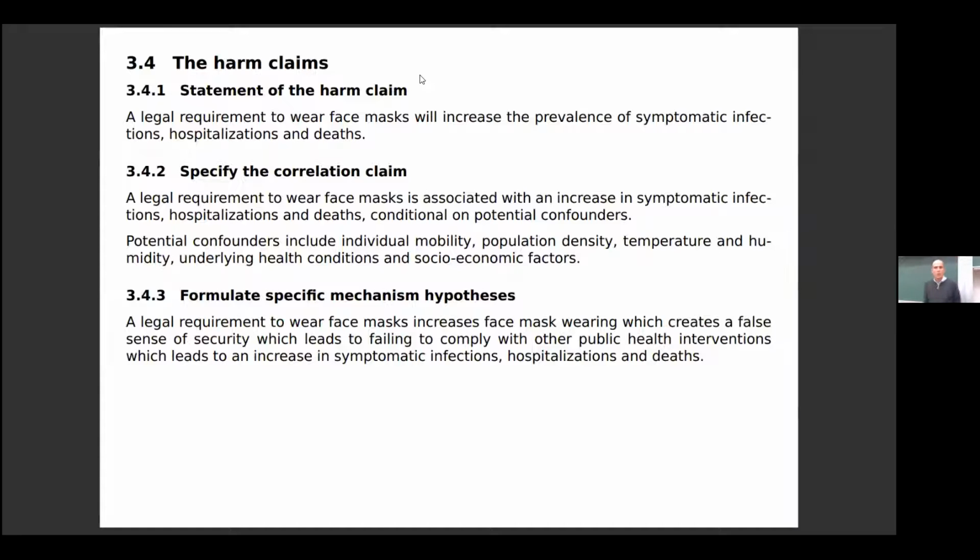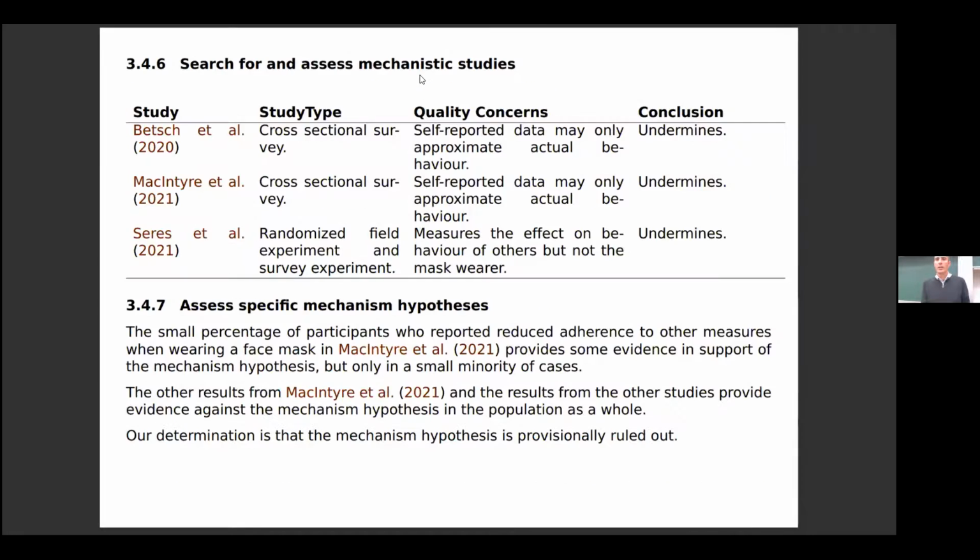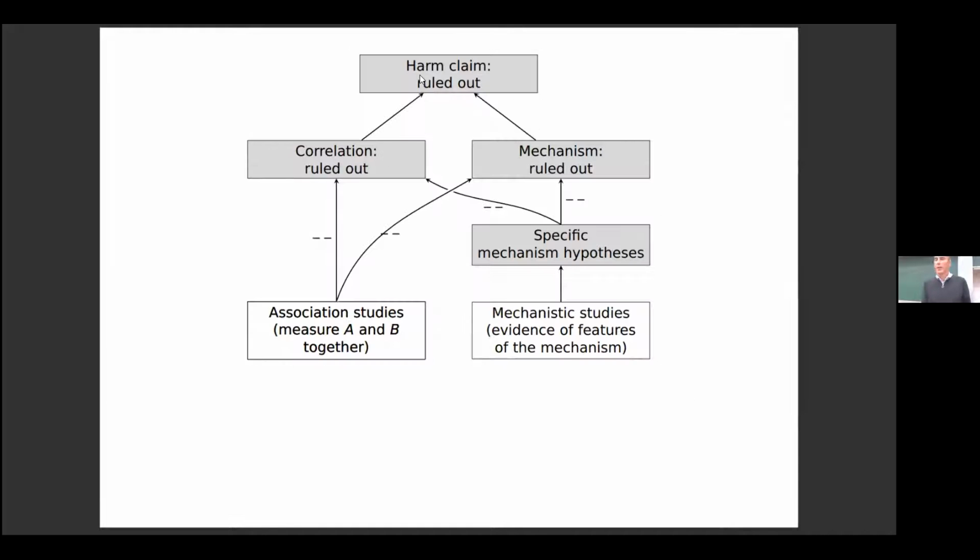In the interest of time, I'm not going to go through the harm claim in detail, other than to say, this is the claim that wearing face masks will increase the prevalence of symptomatic infections because it makes us less likely to comply with other public health measures. And in this case, again, we have some very good evidence that rules out this harm claim.